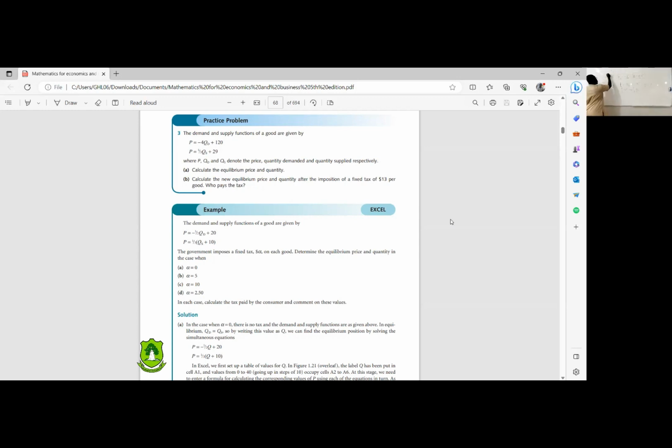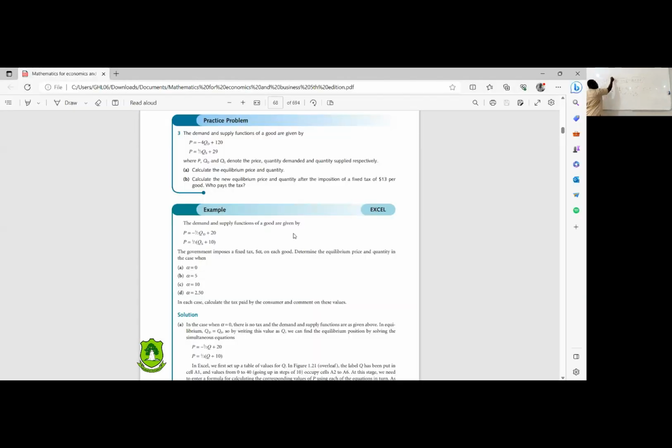Because once you draw your demand and supply, here is the equilibrium quantity, which we said should be the same. At equilibrium, price is also the same, for both the demand and the supply. Are you getting it? Which means that if you have this as the supply function and this as the demand function, you could just equate the two to get the equilibrium price and equilibrium quantity.